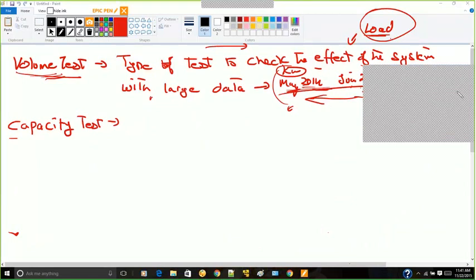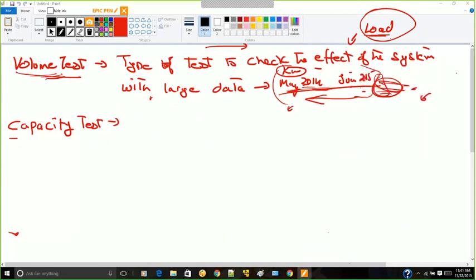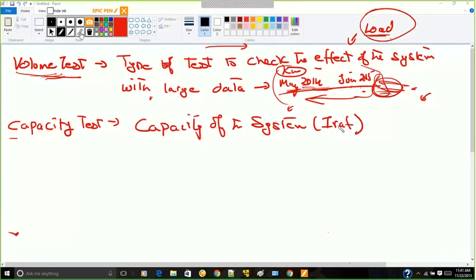The next thing we are going to see is capacity testing. Capacity testing is to find the capacity of the system, infrastructure and application.